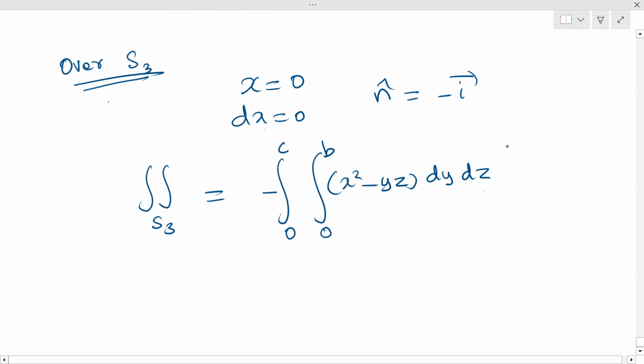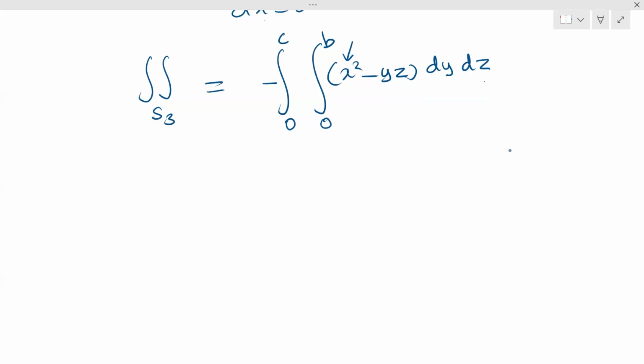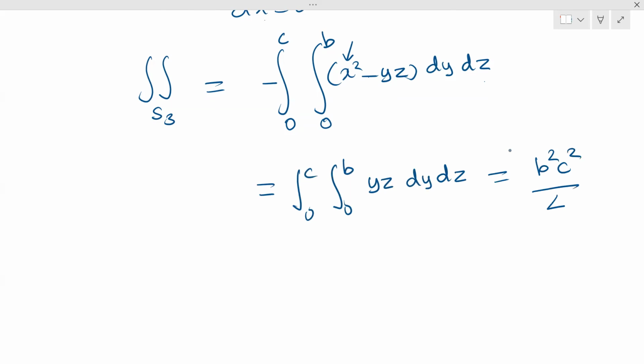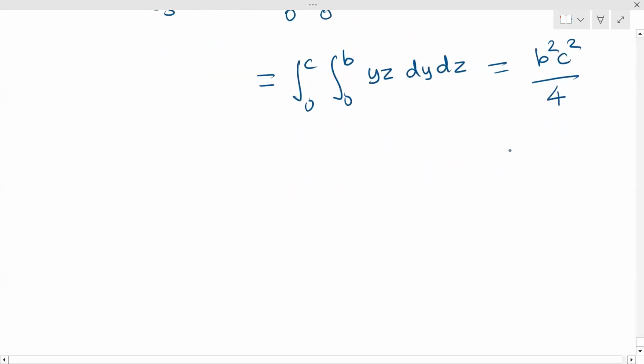But very important, we have to substitute x equal to 0 here. So x equal to 0 means we will get only yz, minus into minus plus. So we know the integration. When we do the integration, the answer is b square c square upon 4.